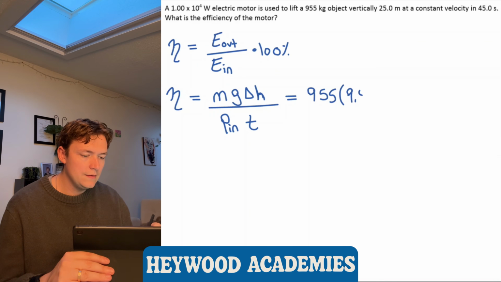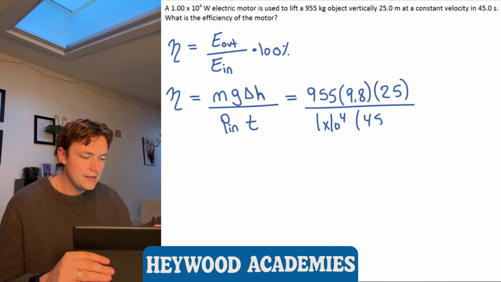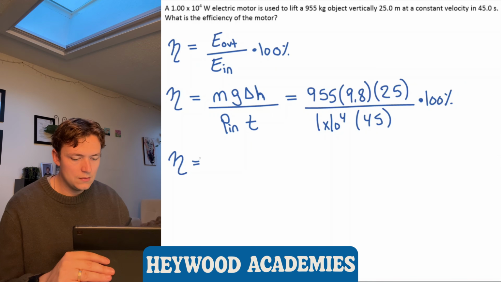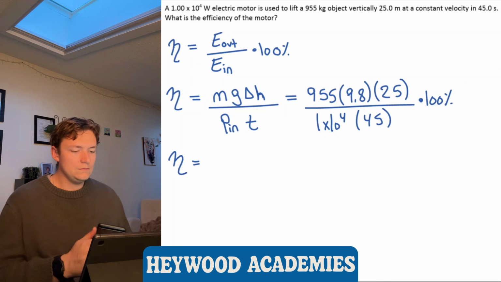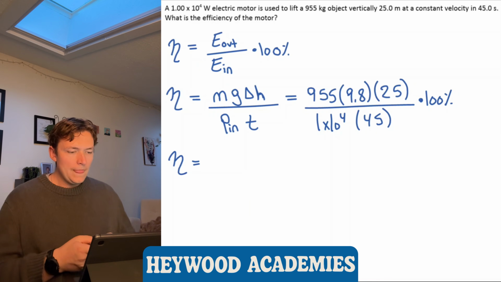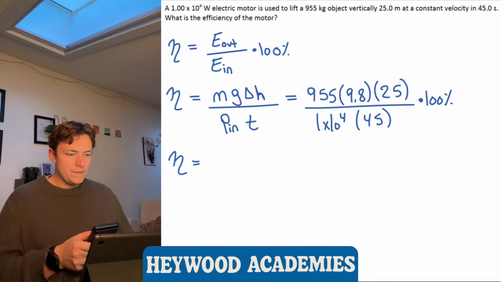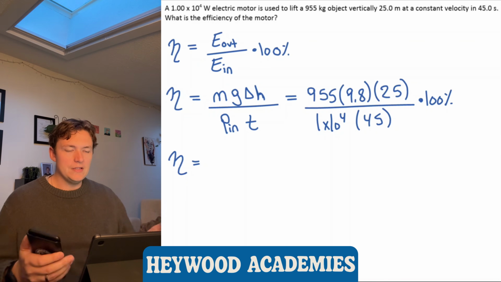We get 9.8. We're going up 25 meters. Power in is 1 times 10 to the 4. And our time was 45 seconds. So we're going to take all of that and multiply it by 100%. Then we'll plug this in and see what we get. Alright, that gives us about 52%.